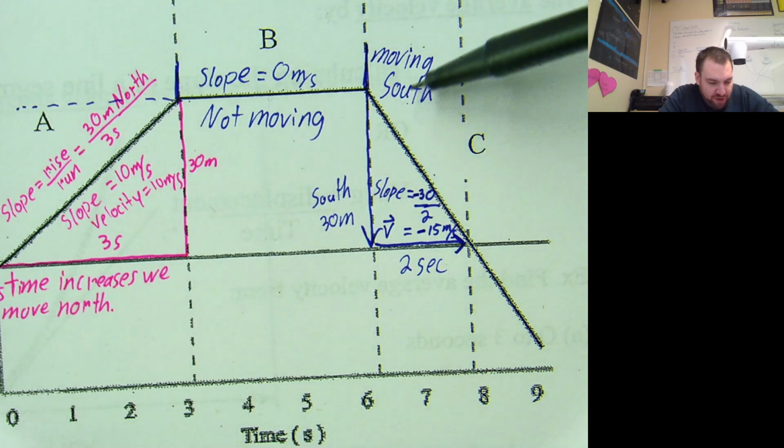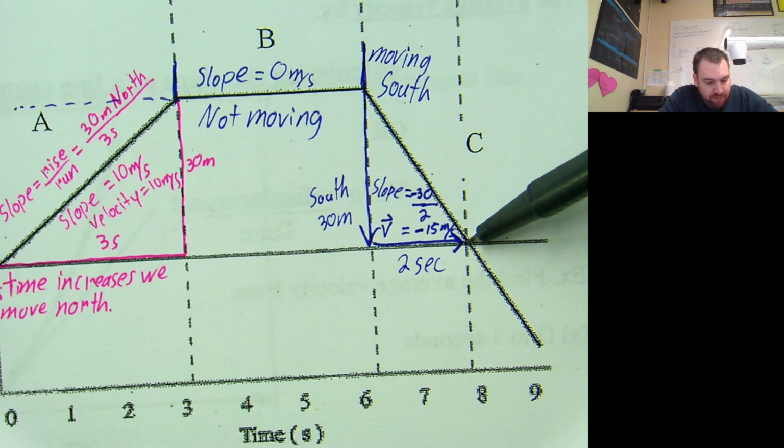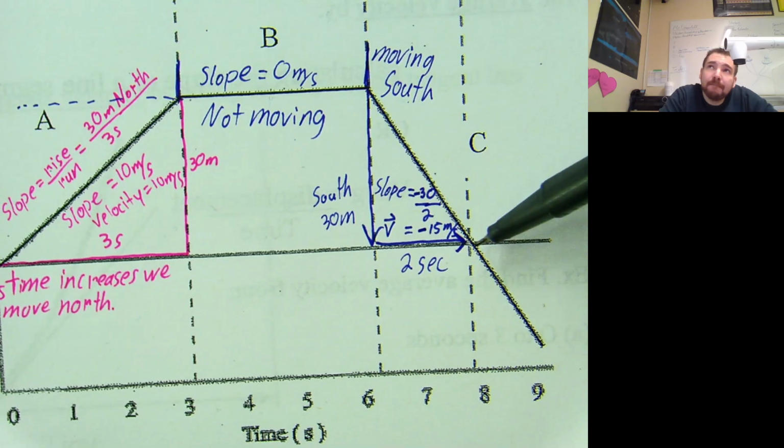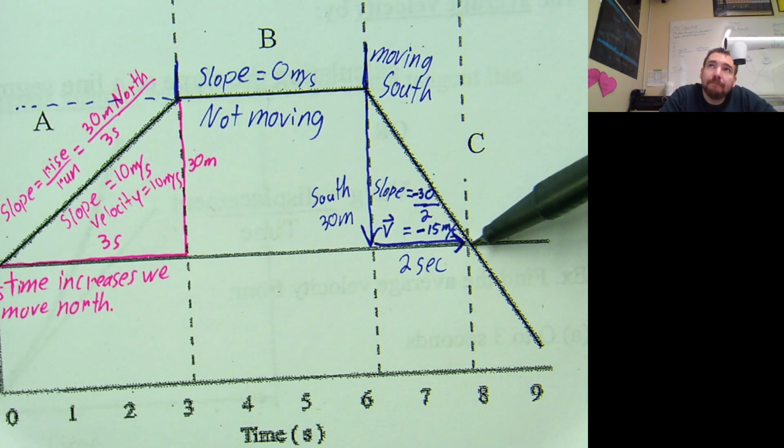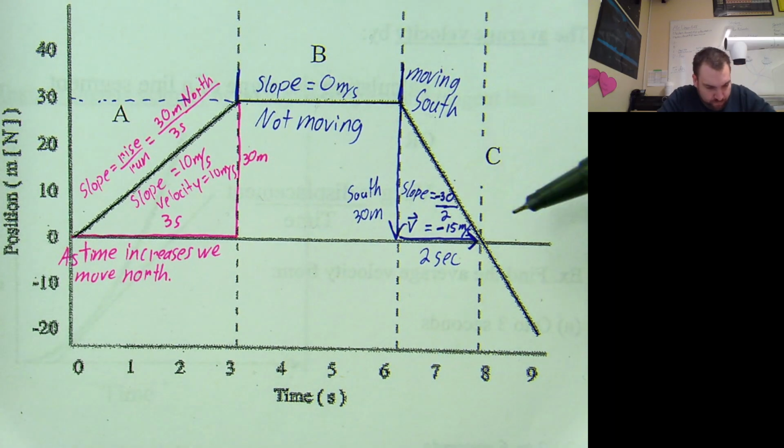So now we know we're moving south. We know how quickly we're moving south. What happens right here? We hit 0. What does that mean? You have gone beyond the starting point, or the equivalent.